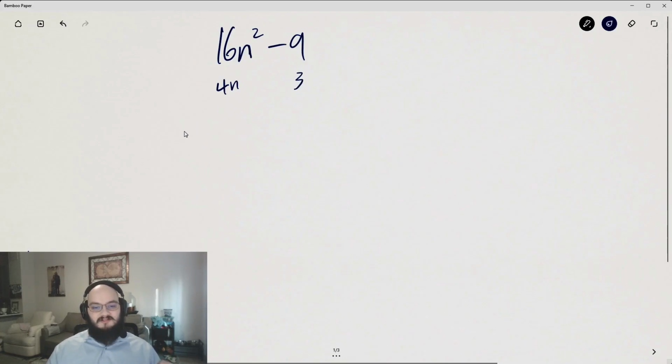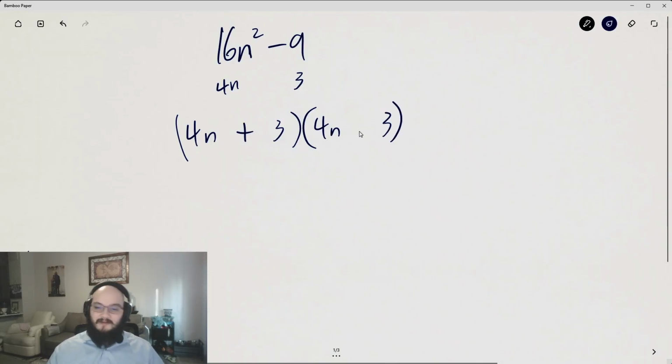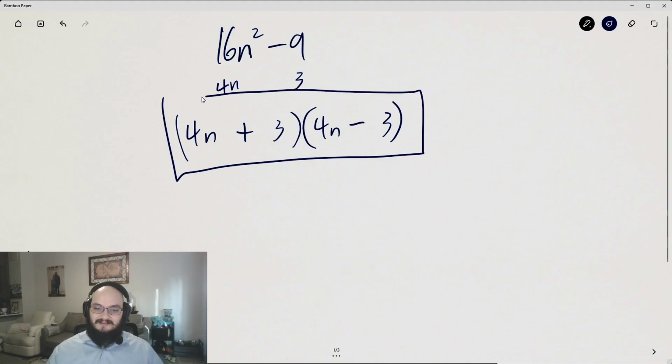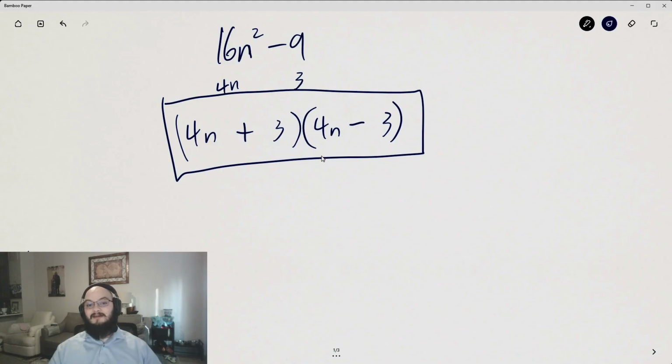We're going to use this for the first slot in our factors, and we'll use this for the second slot in our factors. One of them has addition, the other one has subtraction, and that is it. We are done. That is the factorization for 16n squared minus 9.